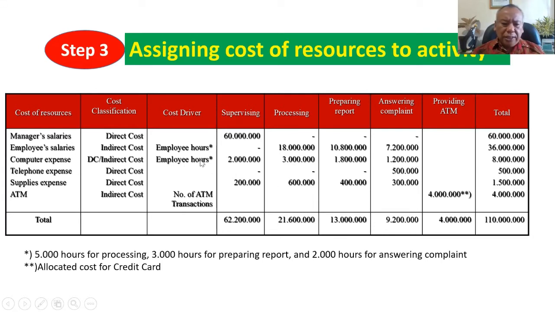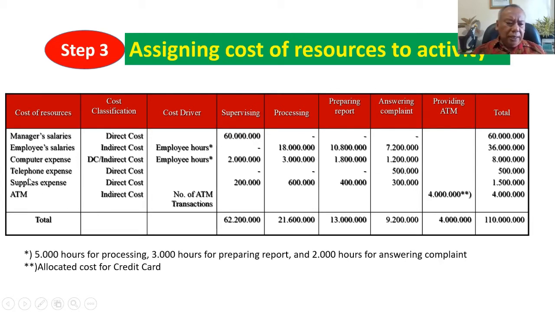So in this case, 50% of 6 million will be allocated to processing, so 3 million, and then 30% of 6 million is 1.8 million, and 20% of 6 million is 1.2 million.